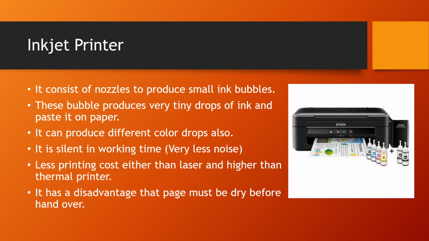It is silent during working, very little noise is generated, that's why it is used for official purposes. Printing cost is less than laser and higher than thermal printer, and it has a disadvantage that pages must be dried before handing over to the user. You need to dry the page for 5 to 10 seconds. If you do not dry the page, the ink will spoil the paper.